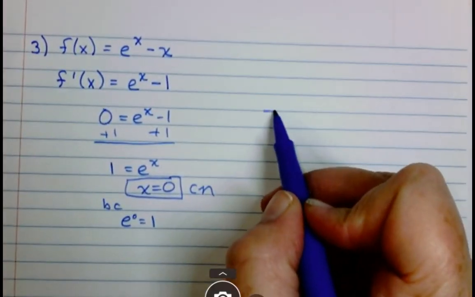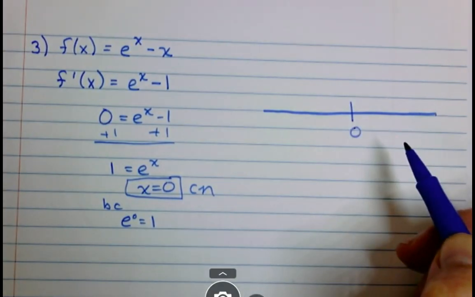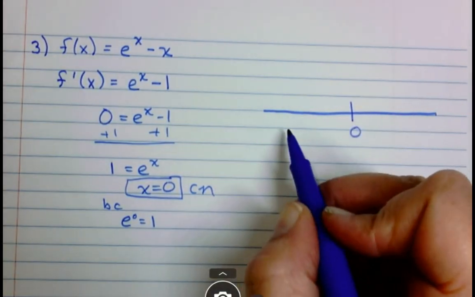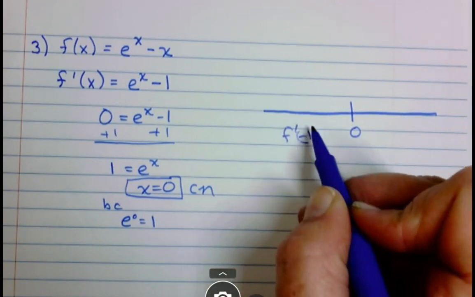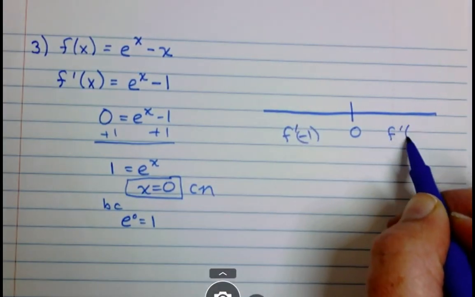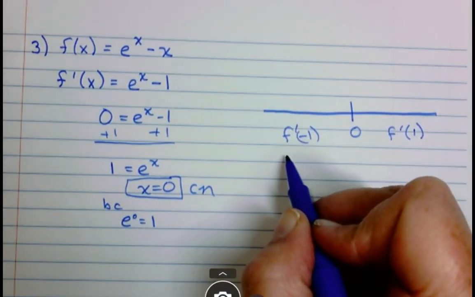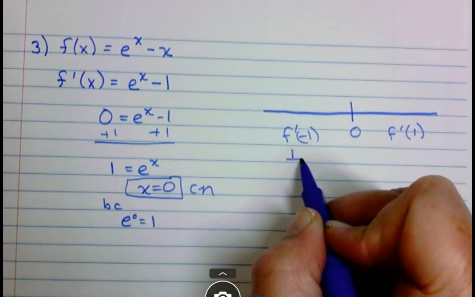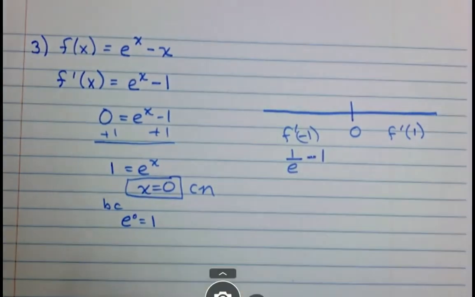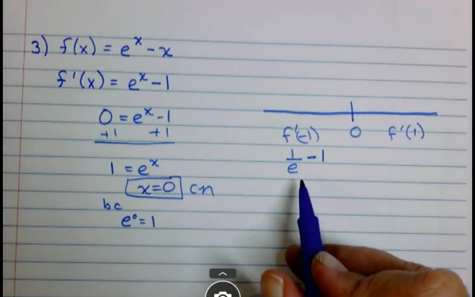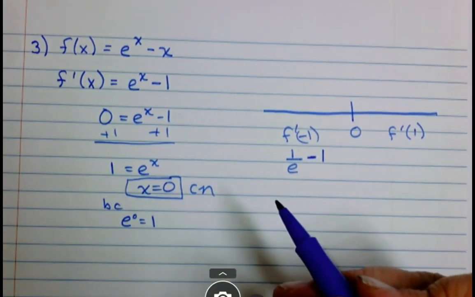So let's make a sign chart with 0 in it. And let's say that we have f prime of negative 1 and f prime of 1. Okay, so let's see. e to the power of negative 1 would be 1 over e, minus 1. What is 1 over e? Well, e is 2.7 and so on, so you can kind of round it to 3.